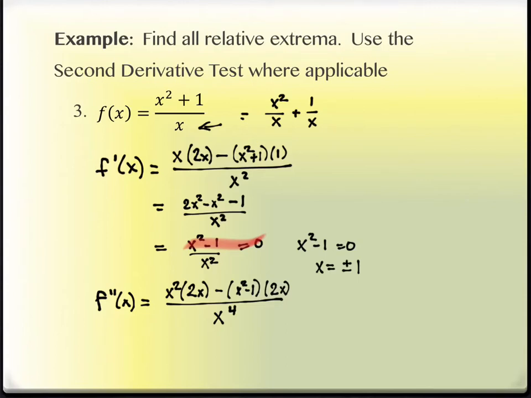Okay, so far so good? Yeah? All right, so we're going to simplify. I have 2x cubed minus 2x cubed minus 2x, sorry, plus 2x, divided by x to the 4th. Yes? Okay. The negative 2x cubes, they cancel.